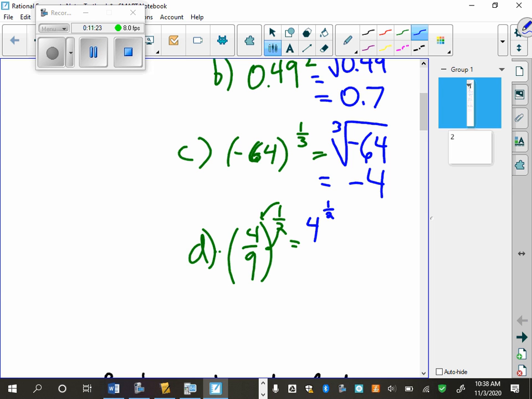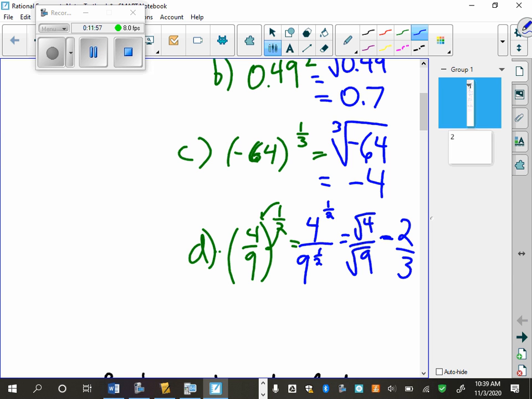That just means the exponent applies to both the numerator and the denominator, which means the square root of 4 divided by the square root of 9, and I'll give you 10 seconds to finish it before I do. And the answer is the fraction 2/3.